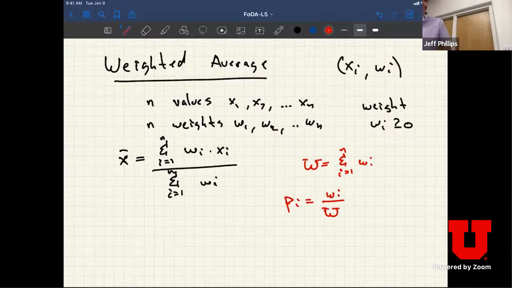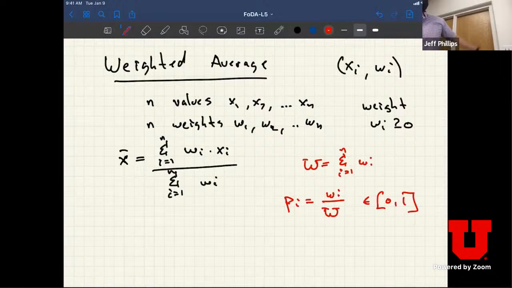I use pi because I can think of this as a probability. pi must now fall between 0 and 1, right? The weights were greater than or equal to 0, so the sum of the weights must be greater than 0. So this must be greater than 0. It must be less than 1 because I'm dividing by the sum of the weights, and every individual weight must be smaller than the sum.